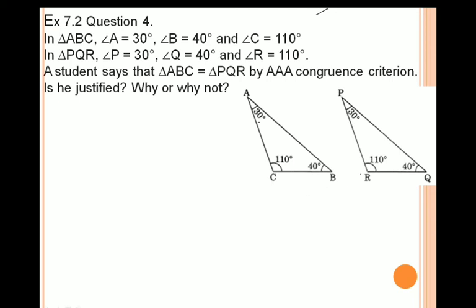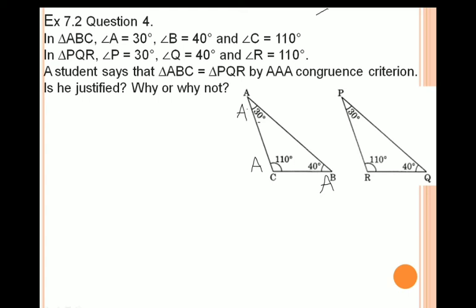Angle C and angle R are both 110 degrees. A student says that triangle ABC and triangle PQR are congruent by the AAA rule because they give us information about angles. Is he justified? Why or why not?